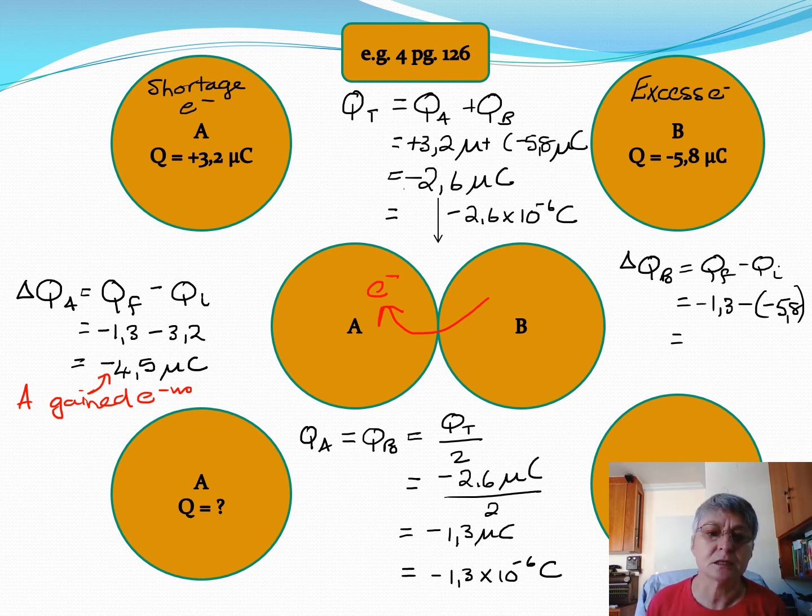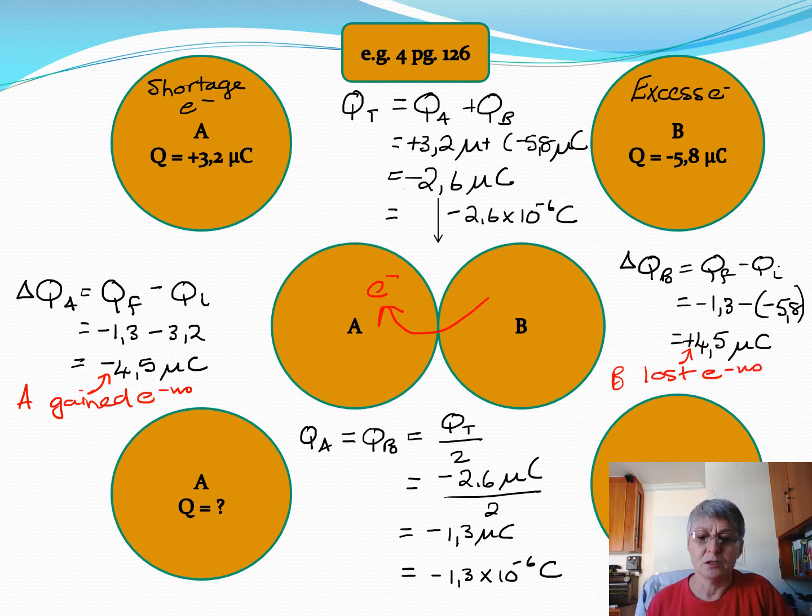So it is a 4.5 microcoulomb charge. That's the change in charge, and it's a positive value and the positive means that B lost electrons.